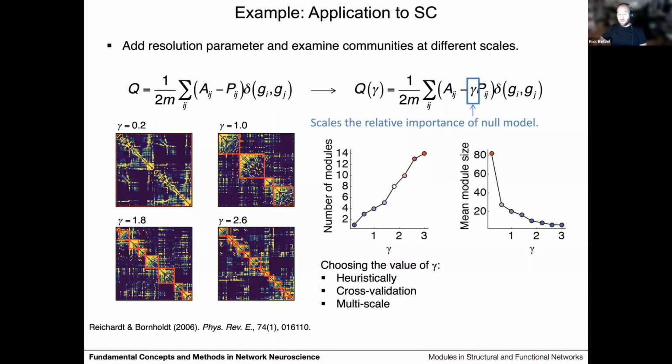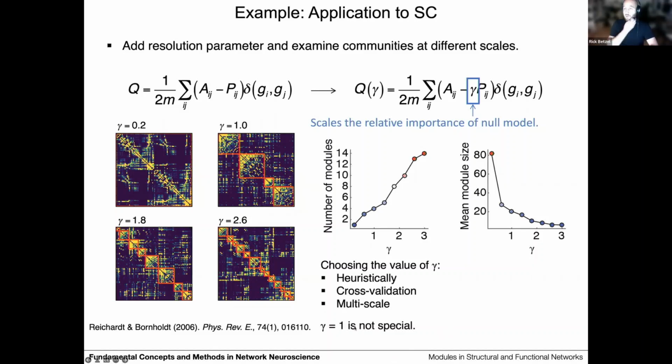Or alternatively, and this is a strategy I try to embrace in my own work, is to embrace the fundamental multi-scale nature of communities in brain networks. Brain networks are not single-scale networks. They have big communities within which are smaller nested communities, and varying the gamma value can essentially give us access to these different scales.